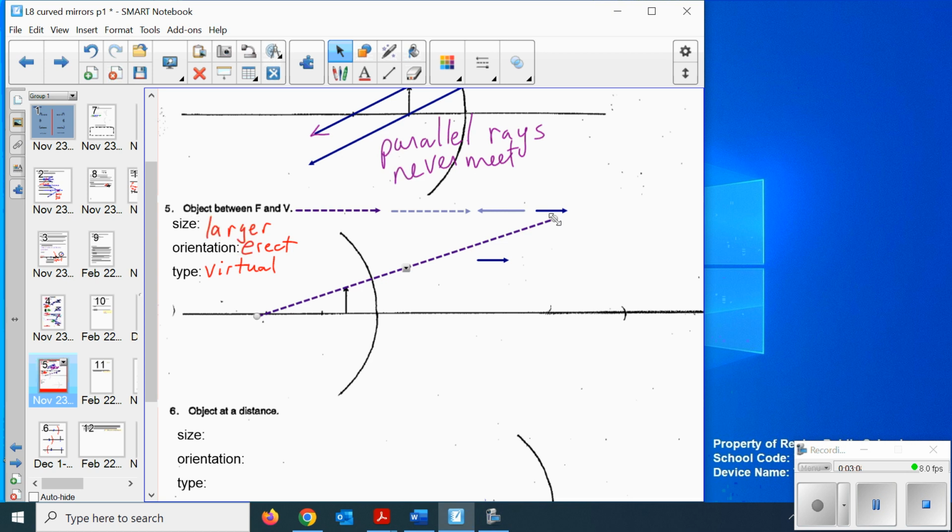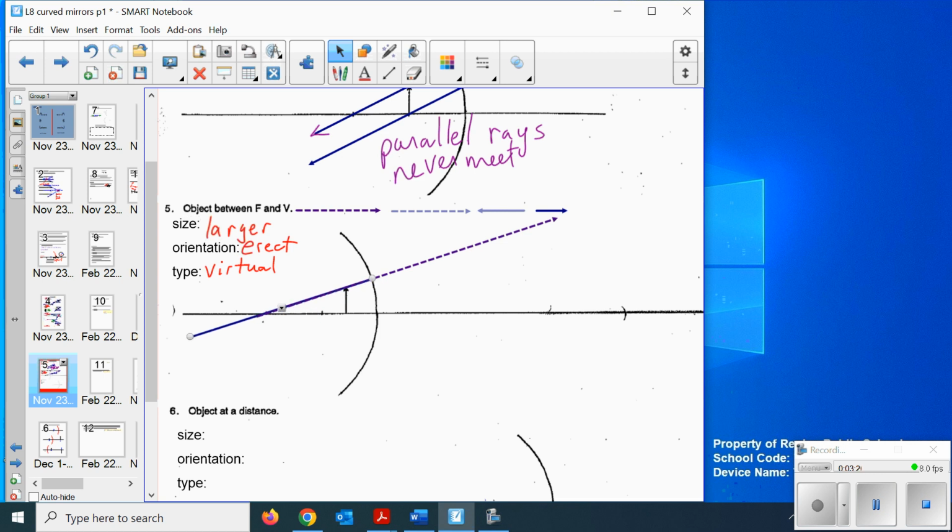I always lay my ruler down and I draw this. The dotted line is always behind the mirror because it's not actually going through the mirror.